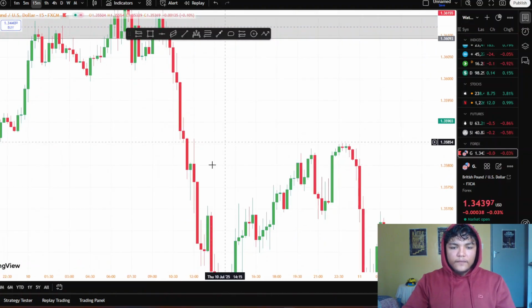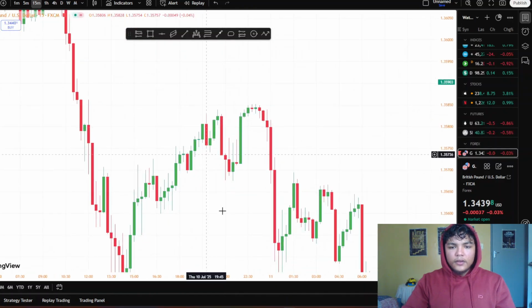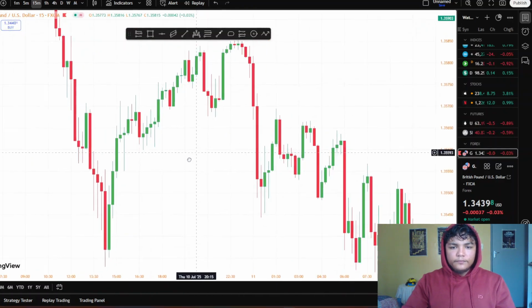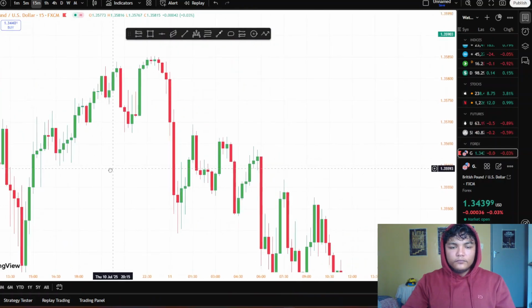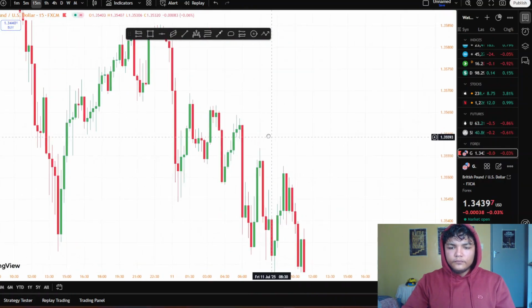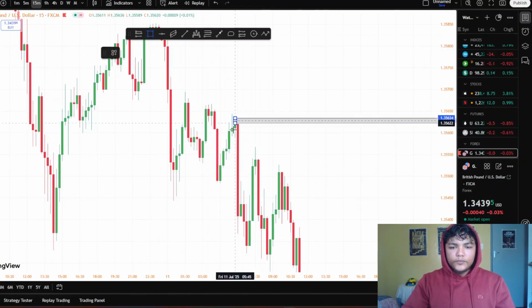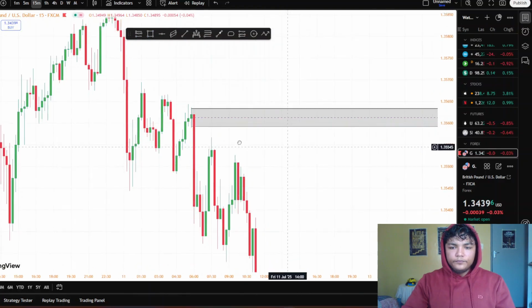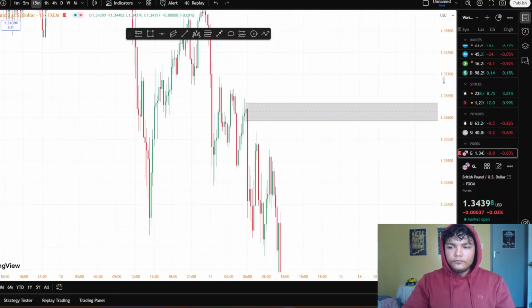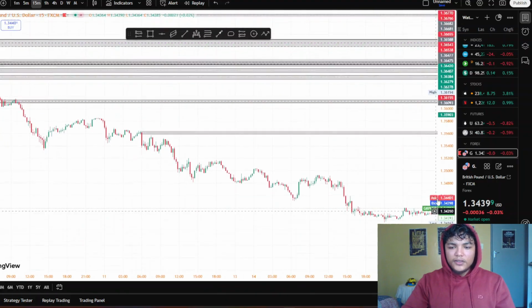Let's see if we can find another order block. Well, that's not an order block there. We just waited too long. This here is an order block. Right here. Nope, the market just tanked.